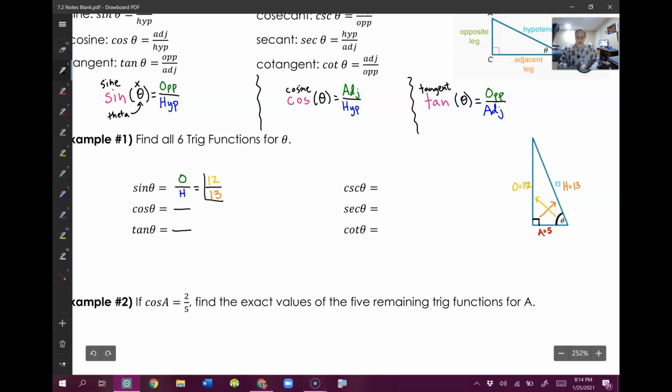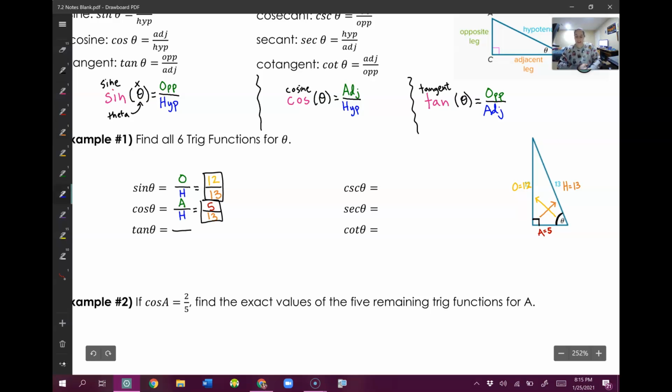So our answer is 12/13. That's the sine value. Our cosine is adjacent over hypotenuse, so CAH. If I look at this triangle, the adjacent side right there is 5. The hypotenuse side right there is 13. And there we go, that's our answer.